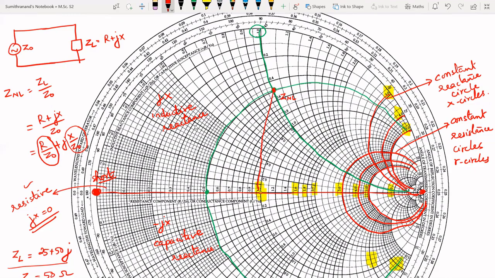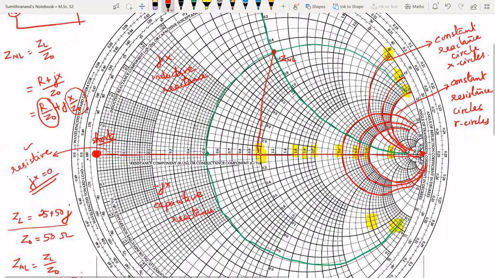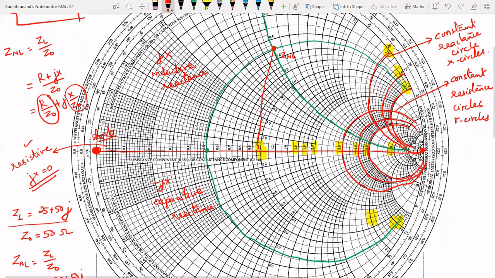So making this distance as the radius, let me draw a circle. In an actual case, we should draw this circle also using a compass. This circle is known as the VSWR circle, voltage standing wave ratio circle.